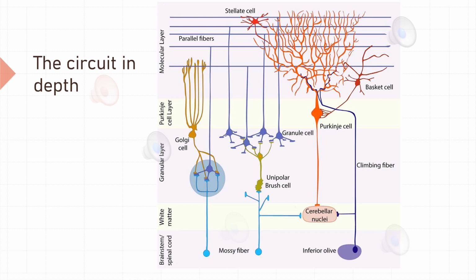This allows for some Purkinje cells to be activated while others are inhibited. What this will result in is the sharpening and enhancement of the signals of the Purkinje cells that are left activated. So in summary, the granule cell is indirectly inhibiting the Purkinje cell via the stellate cell and the basket cell.